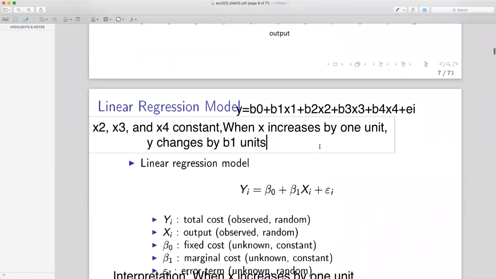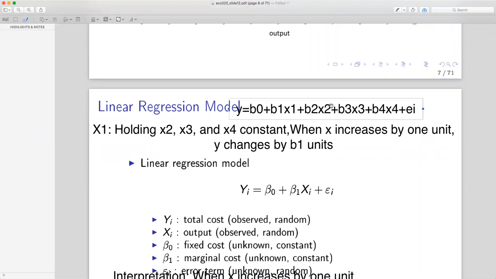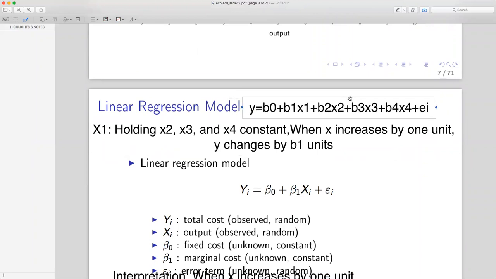For example, in your project, you can say, holding the admission rate and the full-time students ratio constant, when the student to faculty ratio increases by 1 unit, your graduation rate will decrease by 2%.